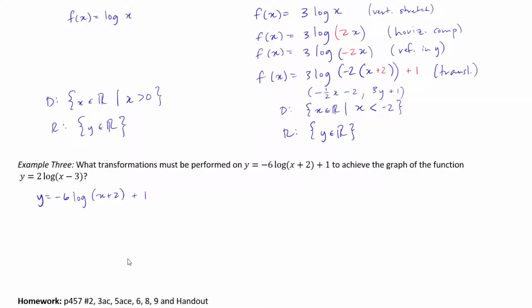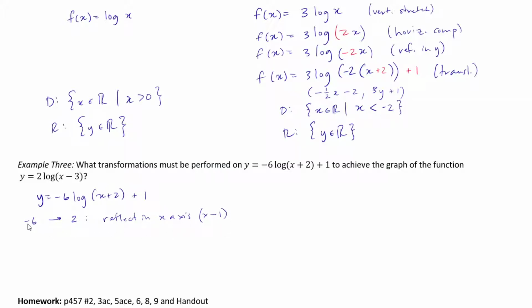And what I'm going to have to do is think about, in order to go from -6 to 2, right? So if I want to go from -6 to +2, I'm going to have to reflect in the x-axis, take this graph reflected in the x-axis, so multiply by -1.